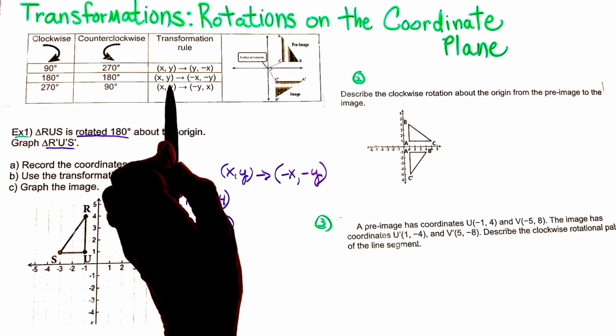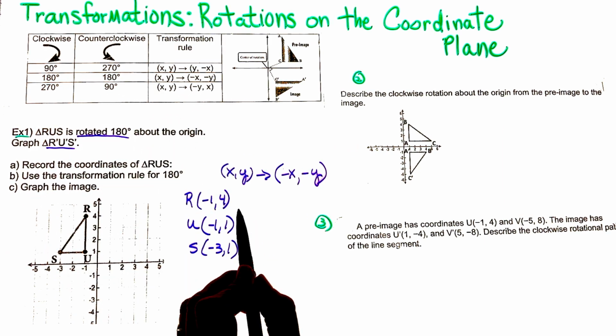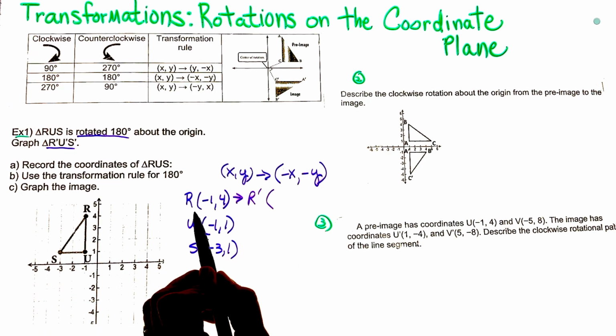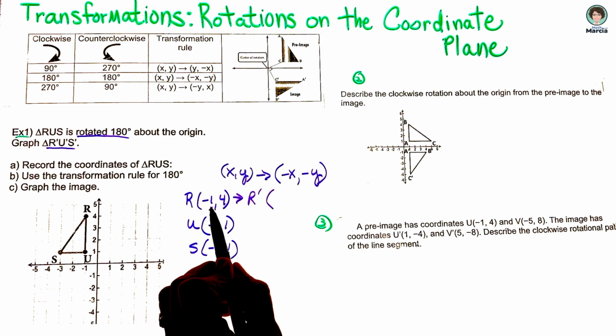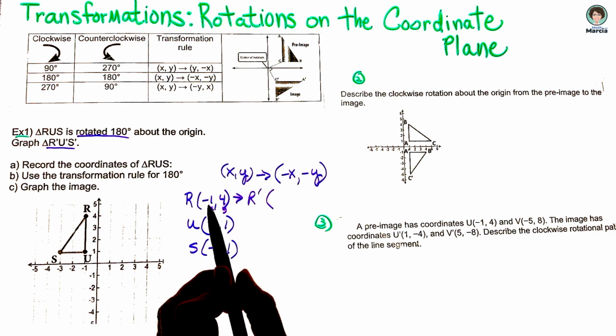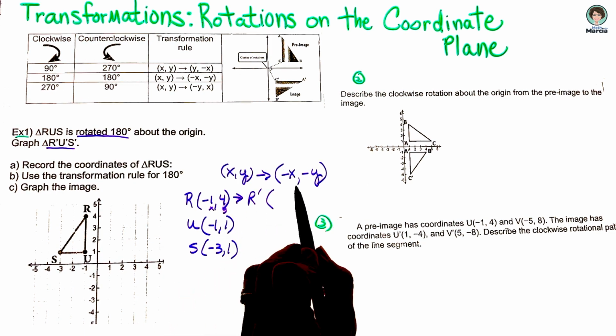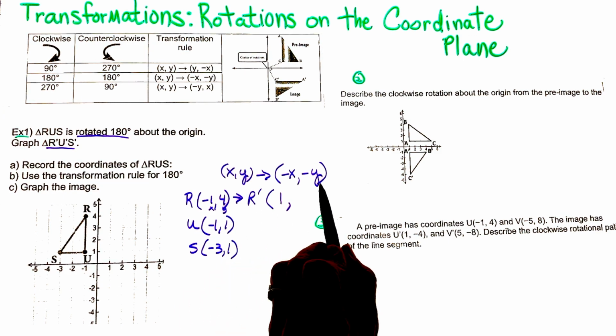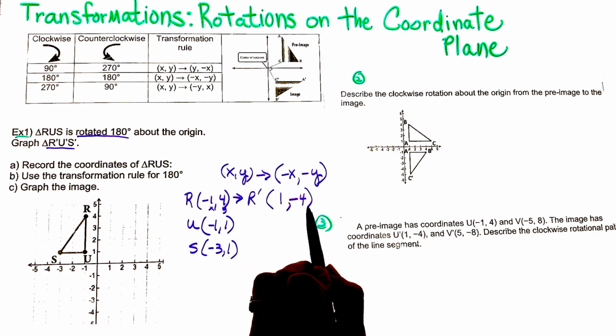So this is the rule that we're following. So for R prime, we know this is X, this is Y. Our X is -1 and it turns the opposite, so it's going to be +1. The Y is 4, it turns the opposite. It will be -4.